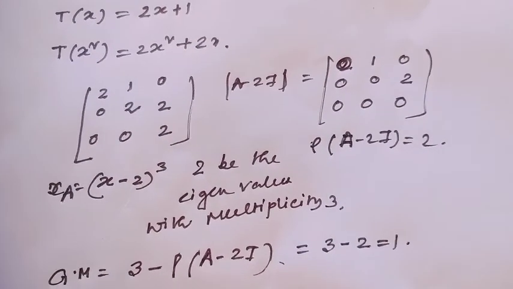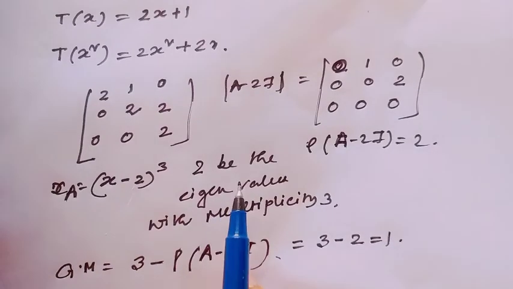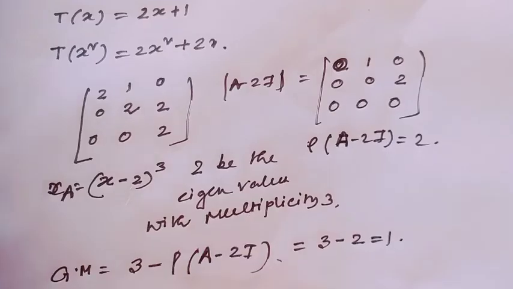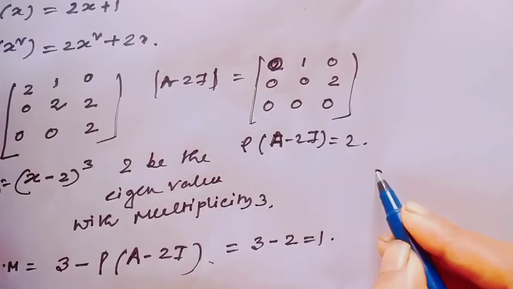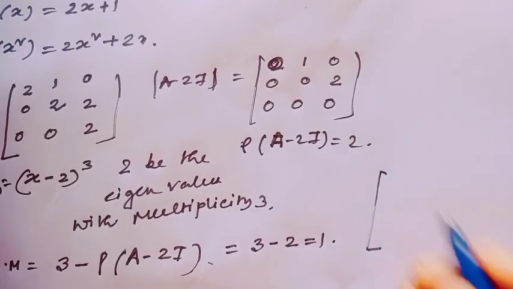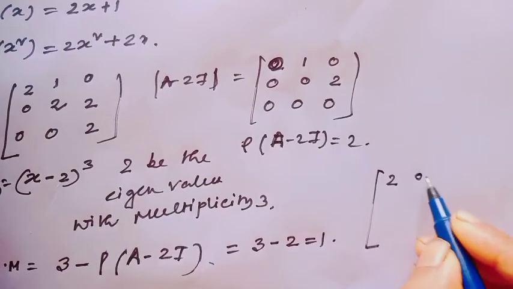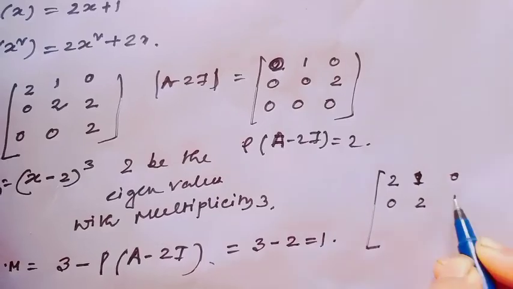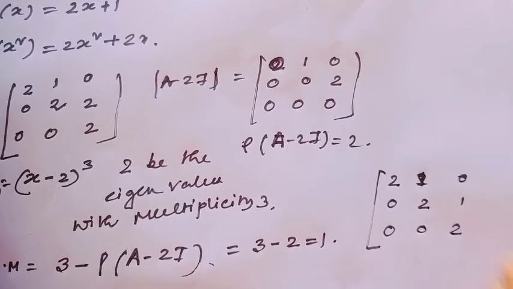Therefore, with eigenvalue 2, there exists one block, and the block looks like this: 2 1 0, 0 2 1, 0 0 2.